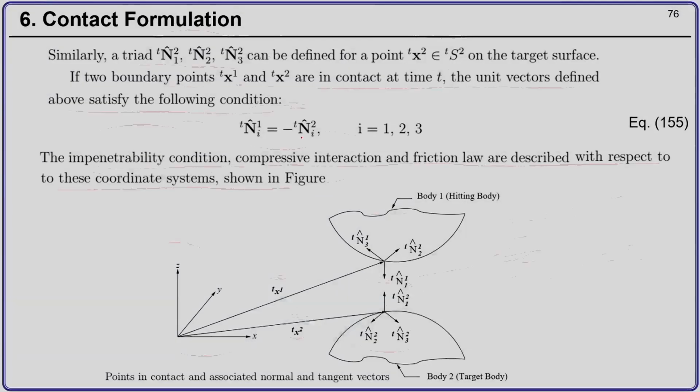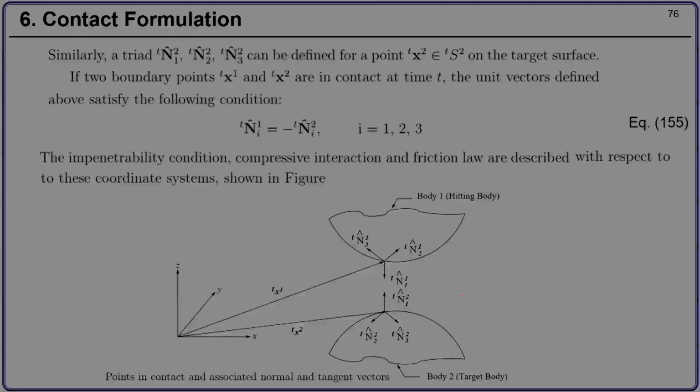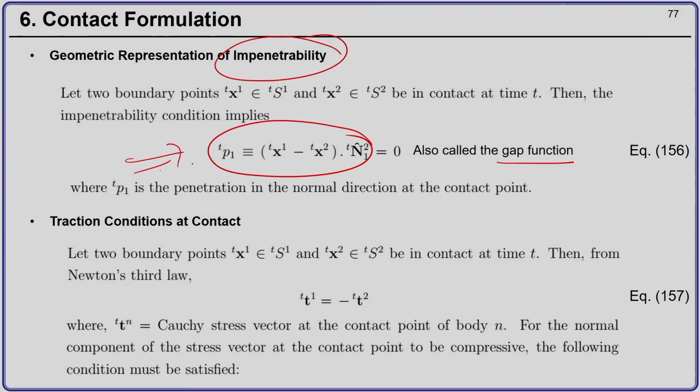So, this is your normal, and if you take the dot product of this penetration with that normal, you will get the component along the normal direction, and this is called the gap function.